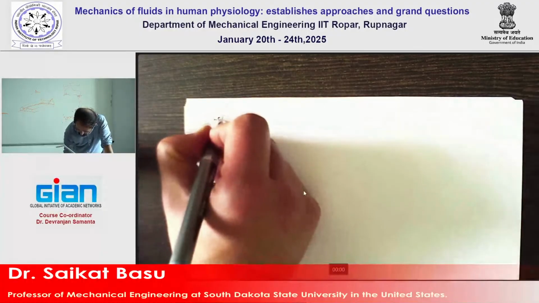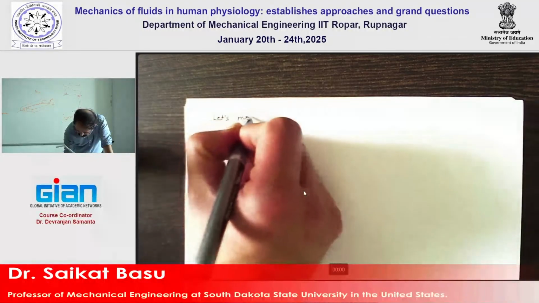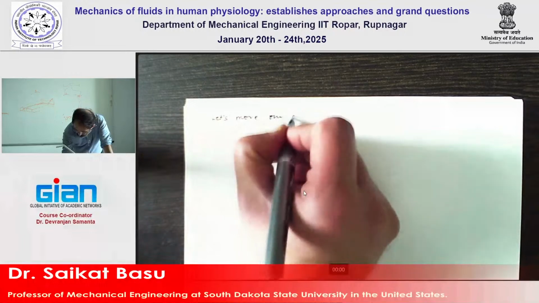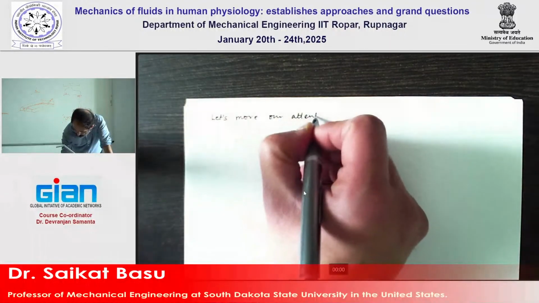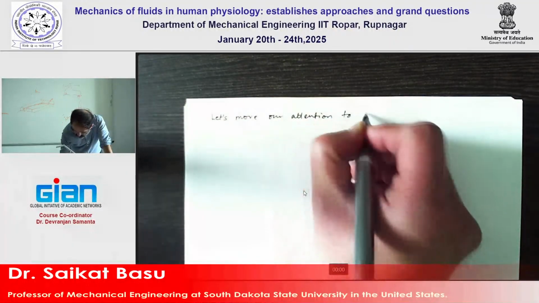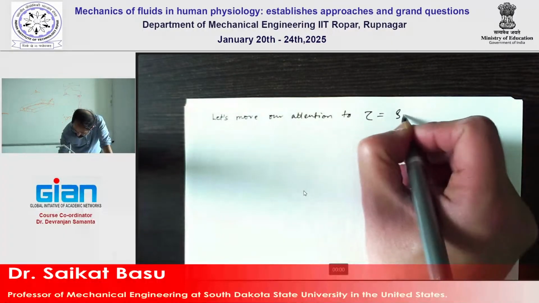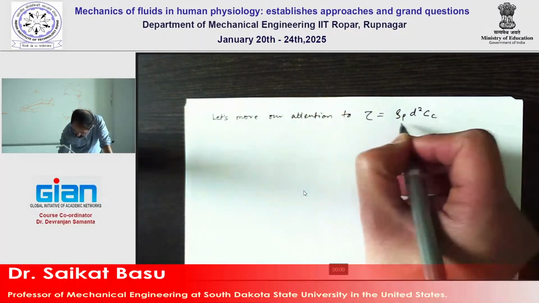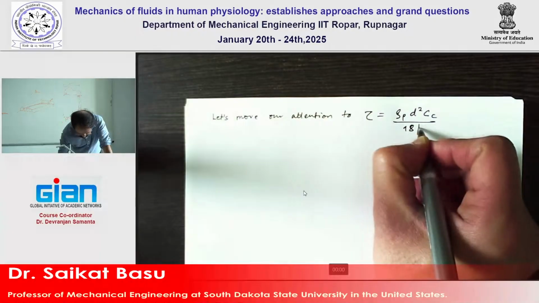So let's move attention to tau, which was rho p d squared Cc over 18 mu, right?